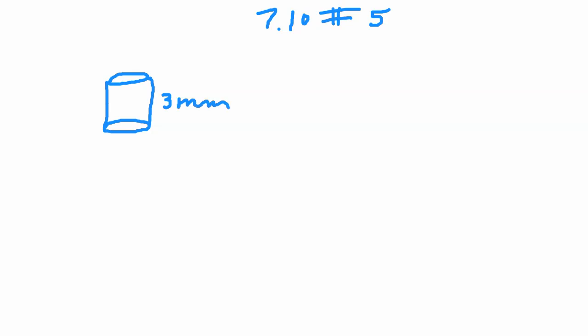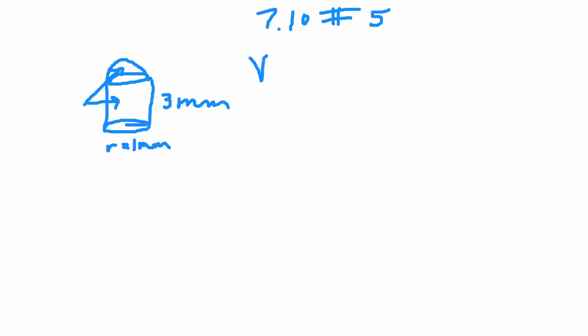But then it's got a hemispherical top, and the radius is 1 millimeter. So we really need the volume of two shapes: the volume of a cylinder and the volume of the hemisphere, which we're going to have to add together.